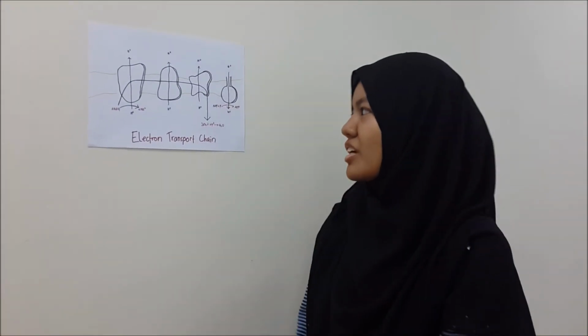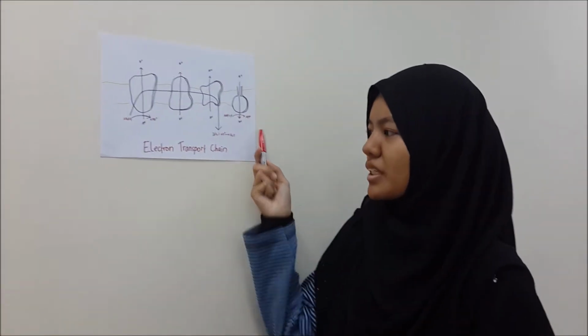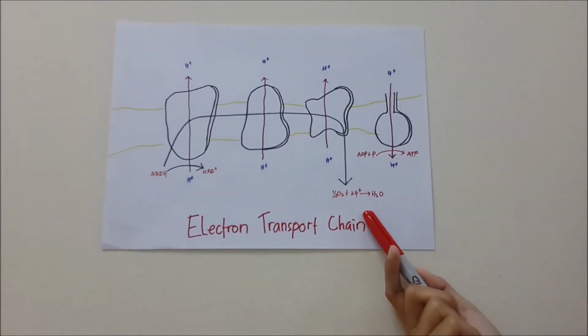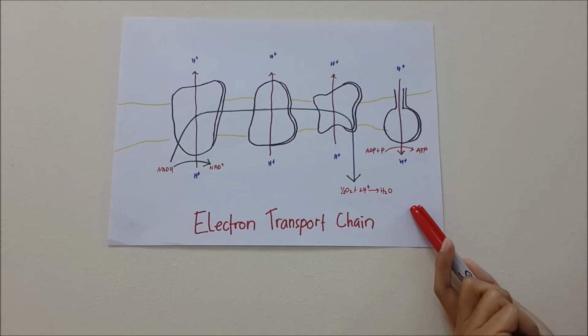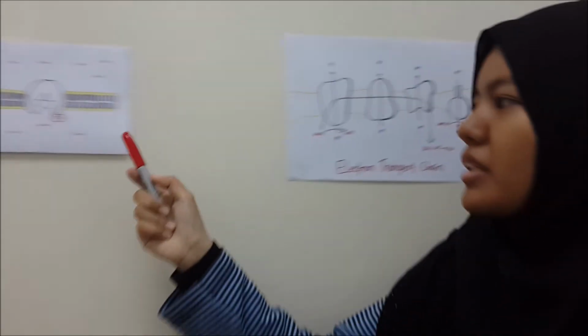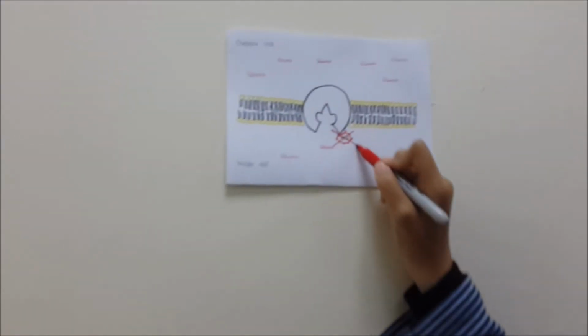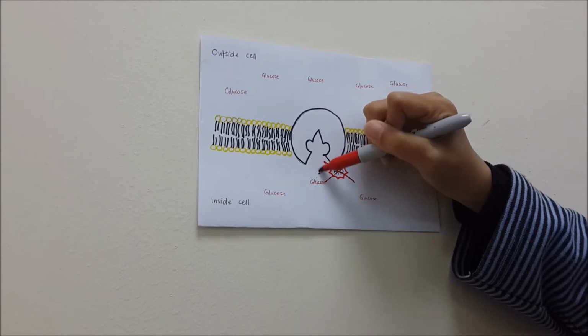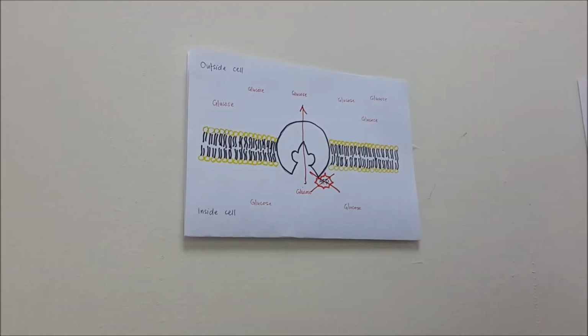Without oxygen, there is no production of ATP in the electron transport chain because oxygen is the final electron acceptor. Without ATP, there is no glucose transportation across the plasma membrane.